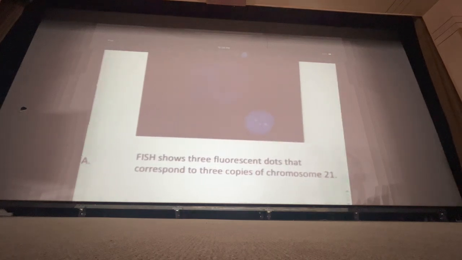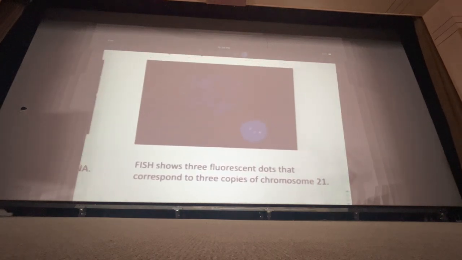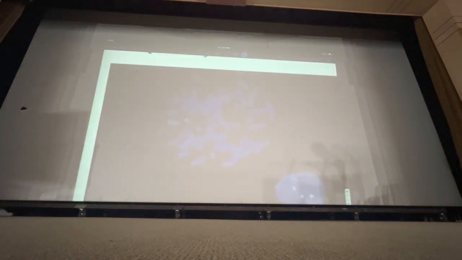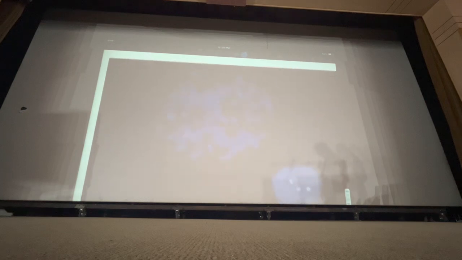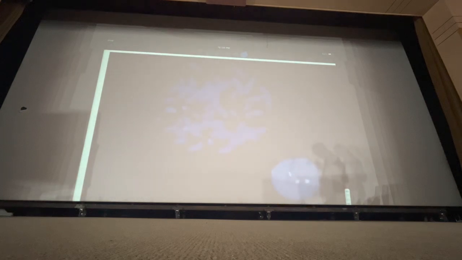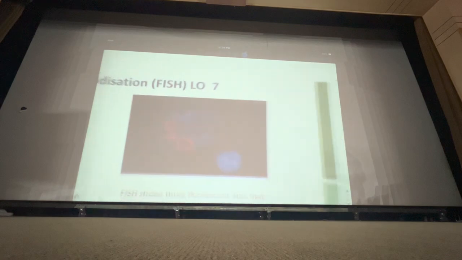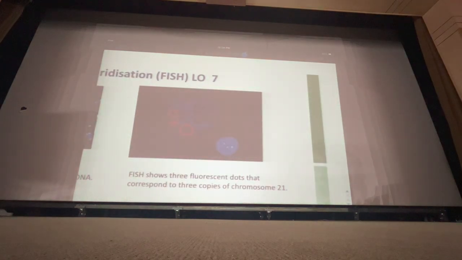Here FISH shows 3 fluorescent dots that correspond to 3 copies of chromosome number 21. Here we can see 1 dot, 2 dots, 3 dots. Now these dots are probes raised against chromosome number 21.